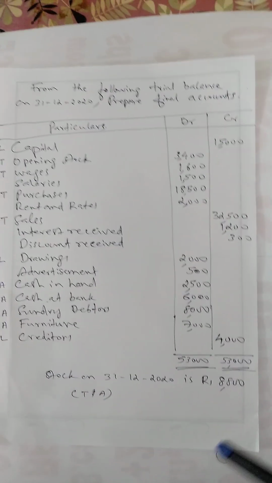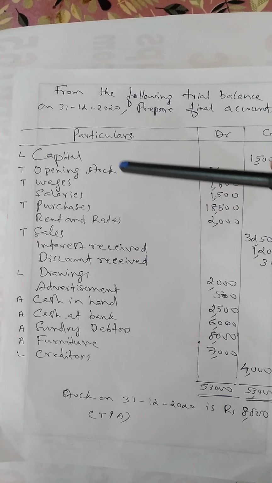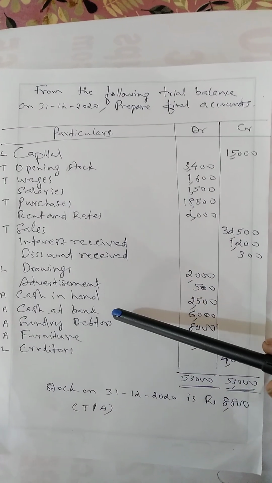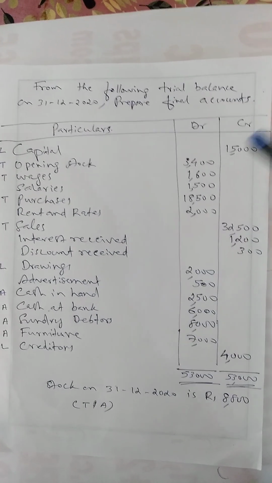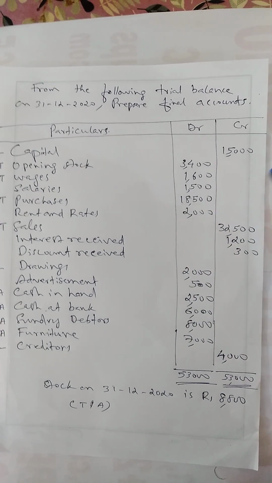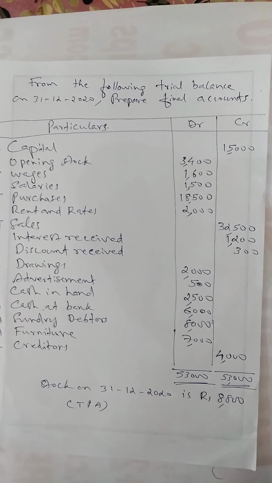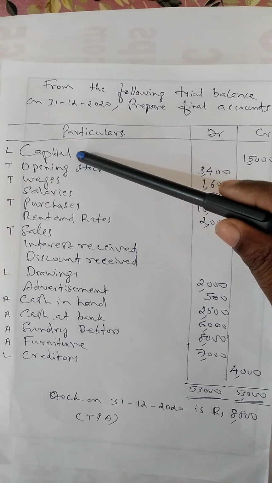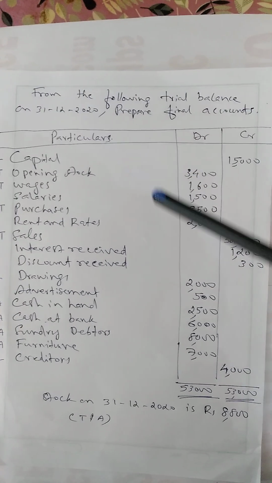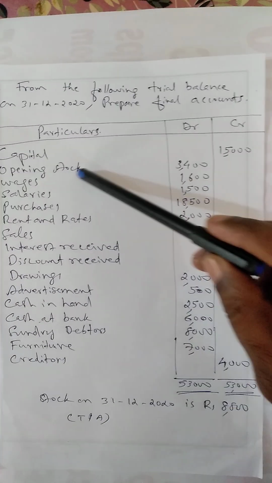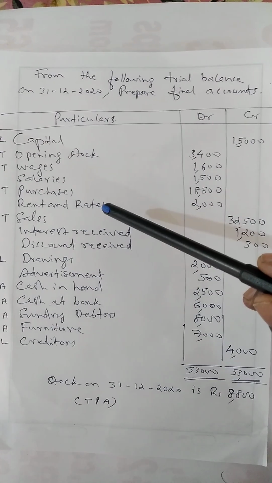Okay. And you should remember one more thing, that the items in the trial balance will appear only once in either the trading account or profit and loss account or balance sheet. For example, this capital will appear only on the balance sheet liability side, isn't it? This opening stock will appear only on the debit side of the trading account.